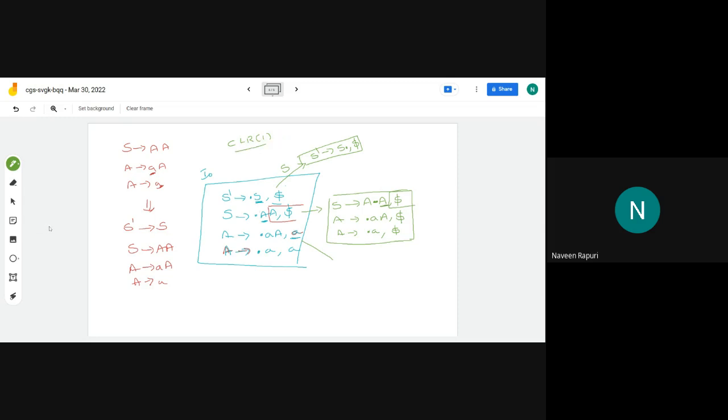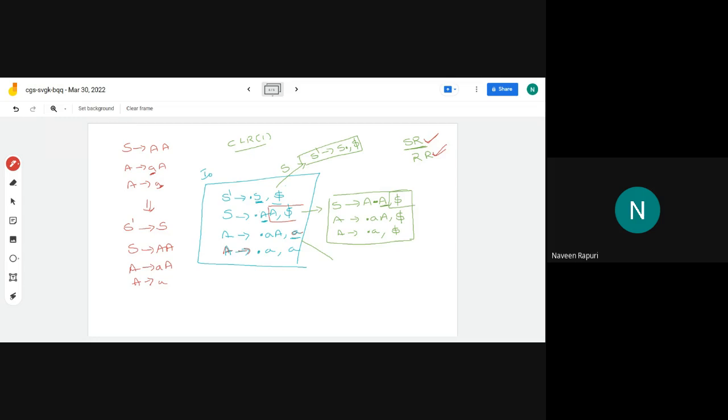The grammar is not CLR1 if there is a shift reduce conflict or reduce reduce conflict. So for that purpose, for every item, we need to check: is there shift reduce conflict or reduce reduce conflict?